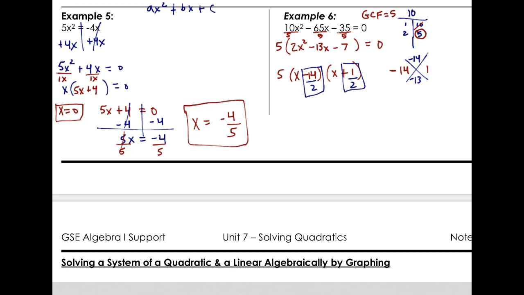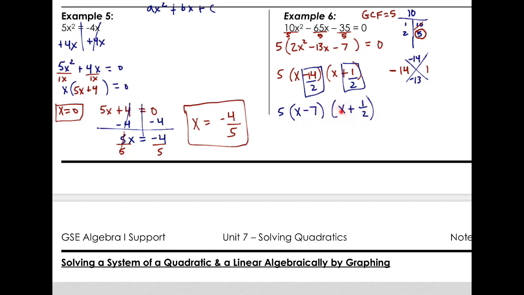So negative 14 divided by 2 is going to be x minus 7. And then 1/2 does not simplify. If you don't know that, put it in your calculator. And so you have x plus 1/2.